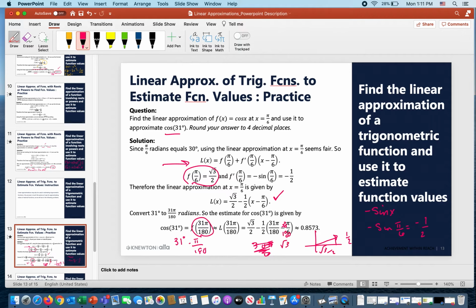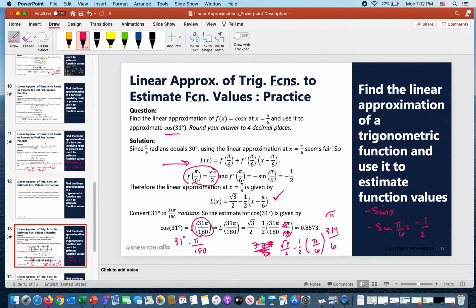And so we're going to have square root of 3 over 2 minus 1/2. And what's tricky right here is when you look at pi over 6, you're actually going to divide 3.14 by 6. Now, I would recommend that you use the pi function in your calculator to figure out what this pi over 6 is.